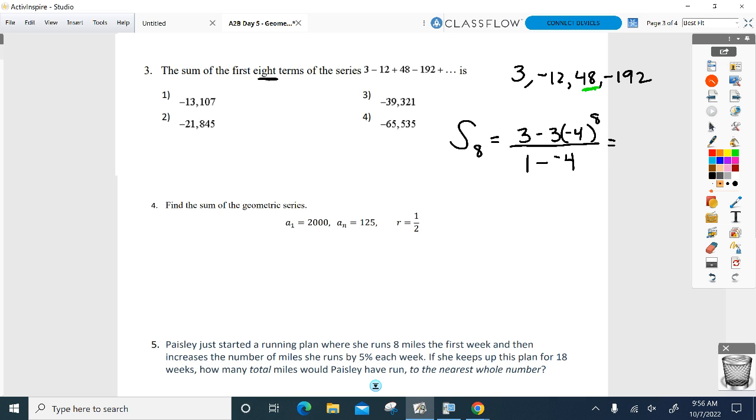Plug it all in your calculator at the same time. Negative 39,321.